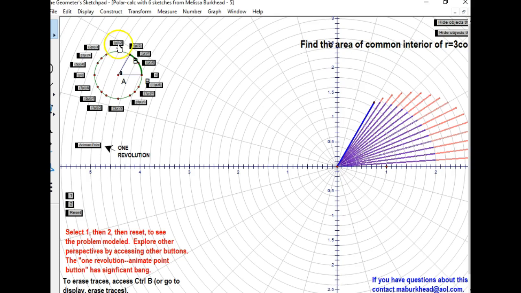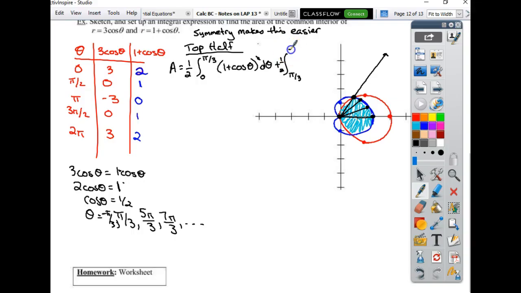That's pi thirds to pi halves. And I want this to change over from the blue, which goes on the outside. Now I want it to change over to the red. Agreed? So what I'm going to do is I'm going to call this pi thirds to pi halves. Are we okay with that?